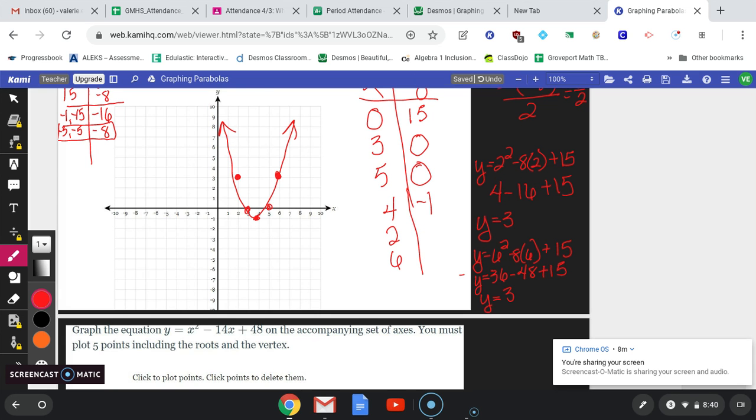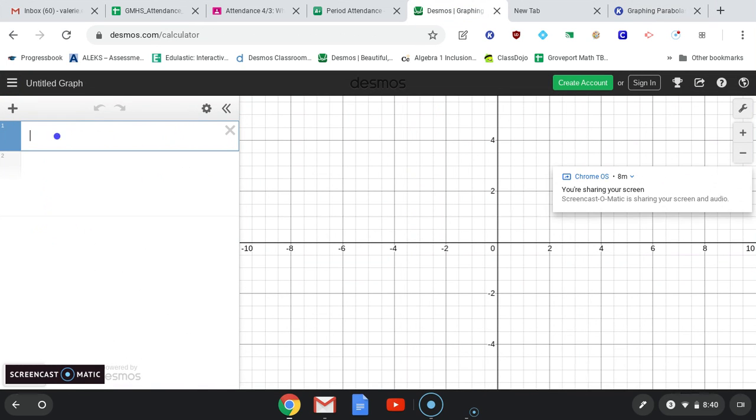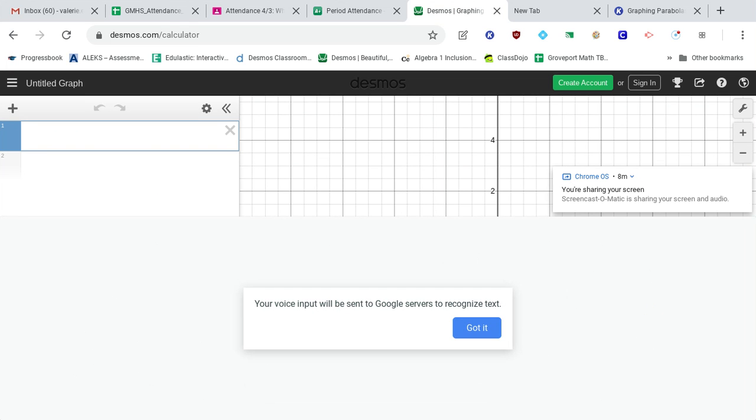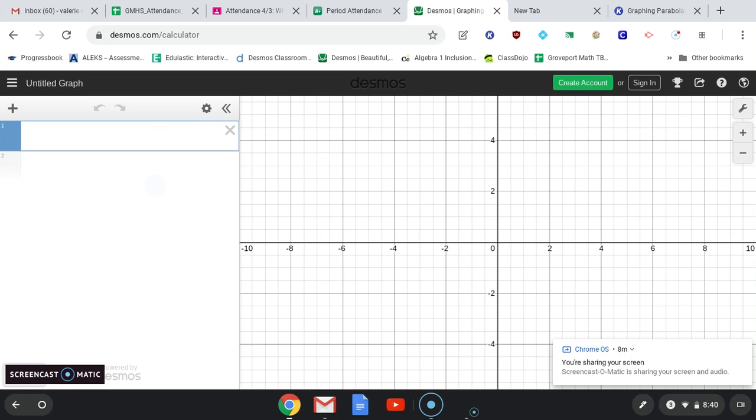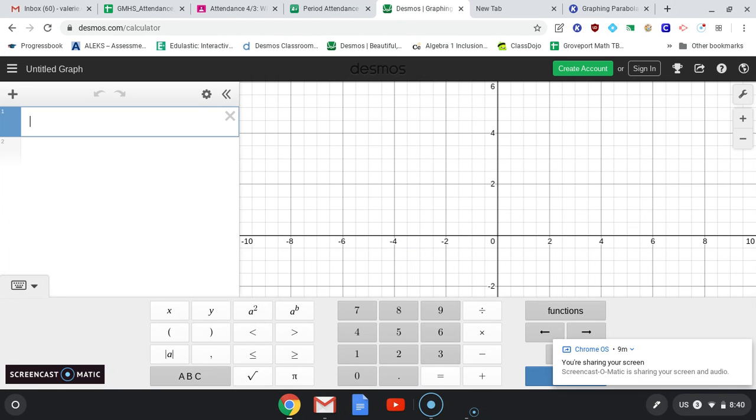I'm going to show you how else we can do this. So we got x squared minus 8x plus 15. So I'm going to go to Desmos. So we have x squared minus 8x plus 15.